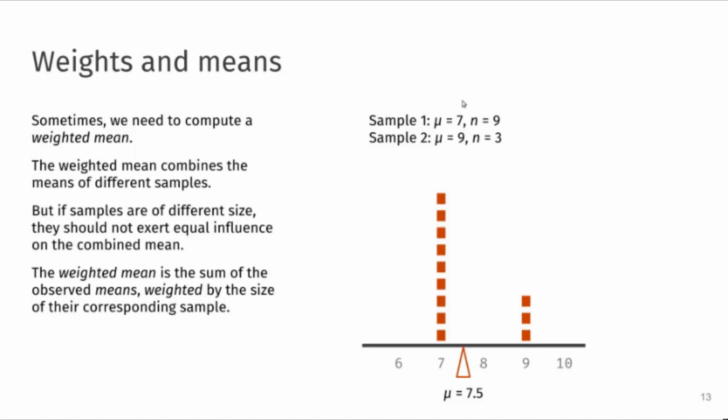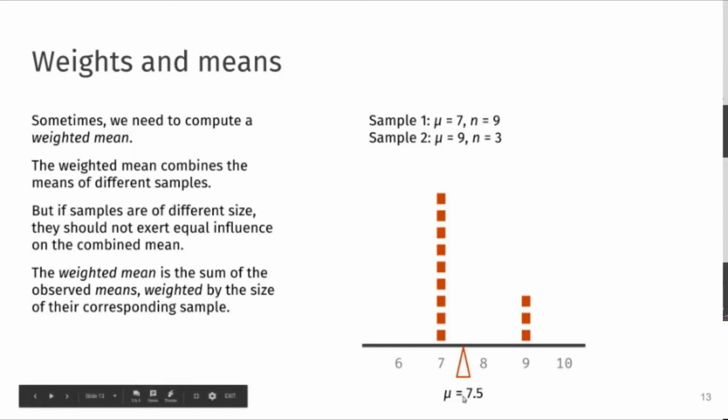So we can imagine this as being like the x column, and this as being like the frequency column. 7 times 9, it's what? 7 times 9 is 63, plus 9 times 3, 27. Divide that by 12, and we get 7.5.